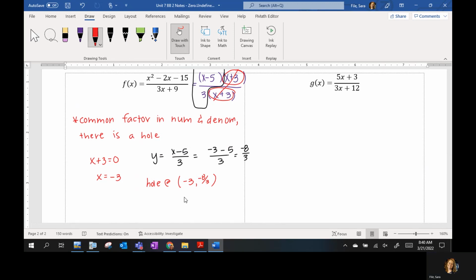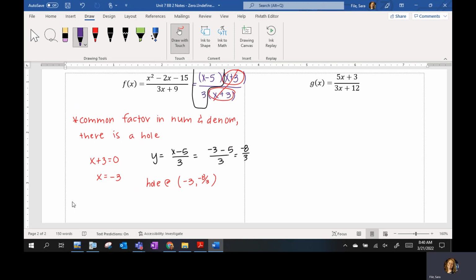Now, is there somewhere else in this graph that's not a hole that would be a vertical asymptote? Is there an undefined location? Is there anything in any other x term in the denominator? No, right?